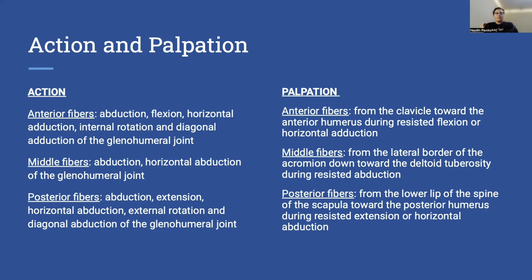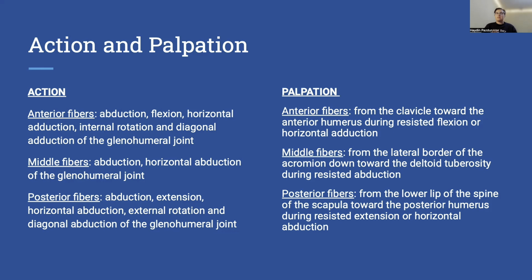For the middle fibers of the deltoid, the actions are abduction and horizontal abduction of the glenohumeral joint as well. And for the posterior fibers, the actions are abduction, extension, horizontal abduction, external rotation, and diagonal abduction of the glenohumeral joint.